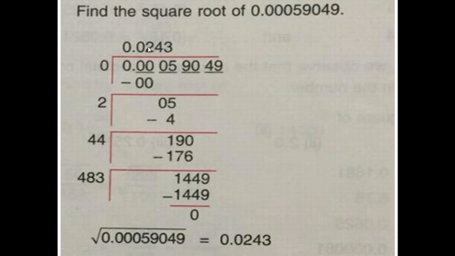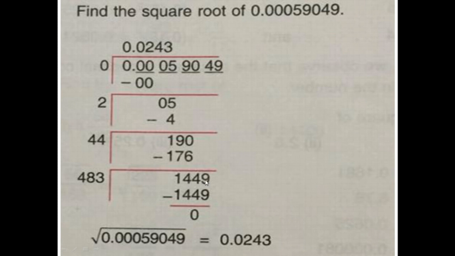Now double this 2. It will become 4. According to this number, you will mark 4 here. Now the correct number is 4. Write 4 here. This is 176. Now subtract it. It is 14. Take the last pair here. Then double of 24 is 48.